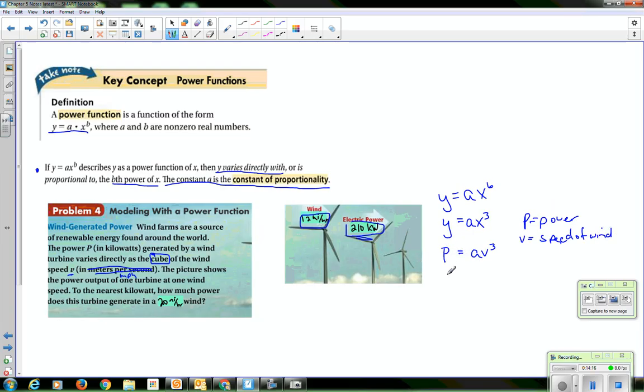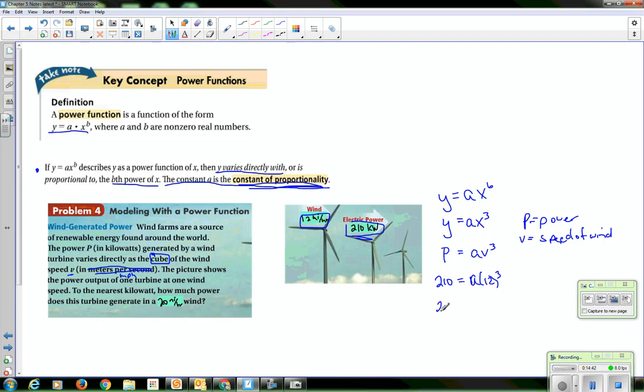So we are given that we have a power output of 210 kilowatts when our wind speed is 12 miles per hour. So we're going to find what our constant of proportionality is so we can put together a complete equation.